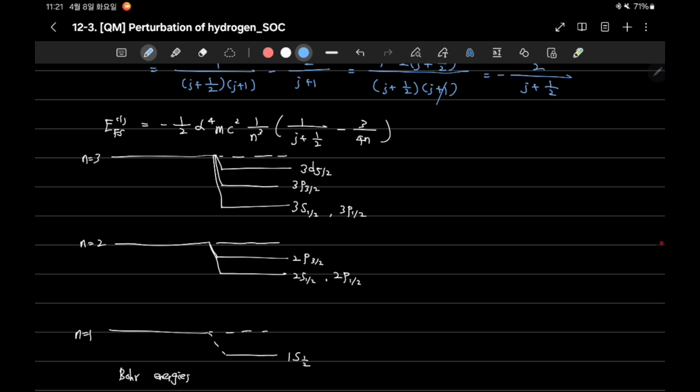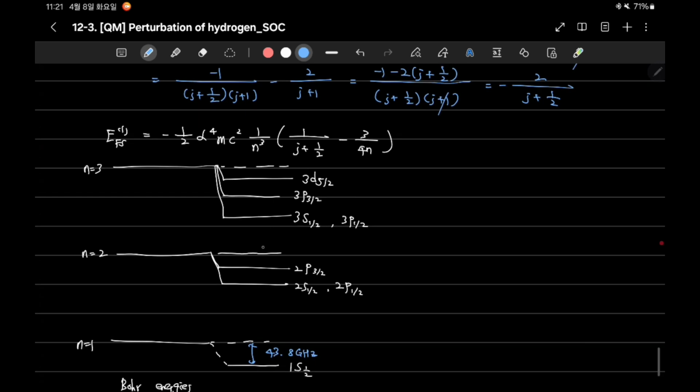And also it is known that the energy spacing is 43.8 gigahertz, and here it is 2.74 gigahertz.